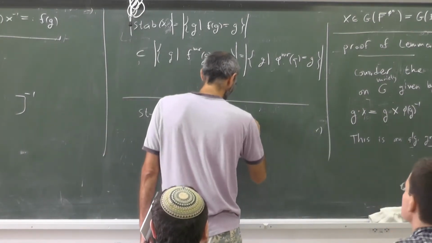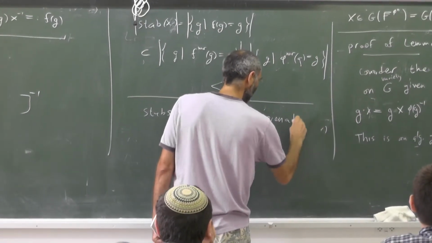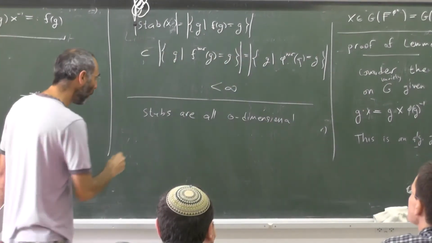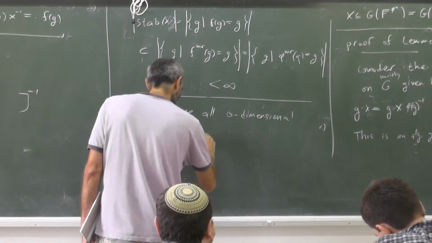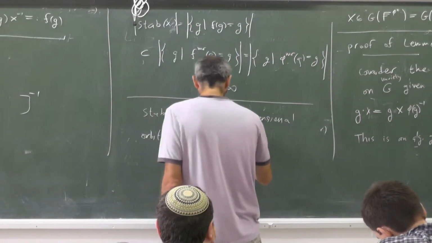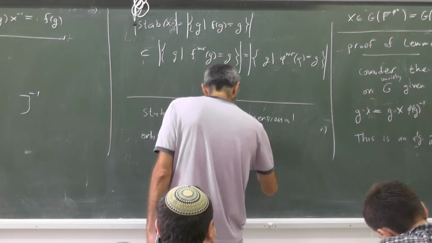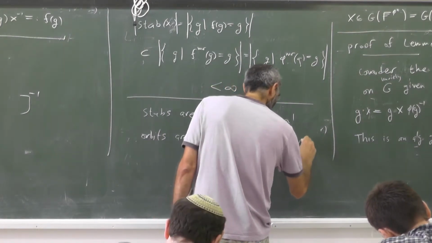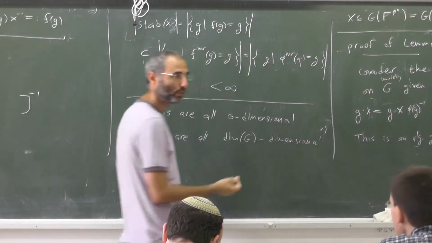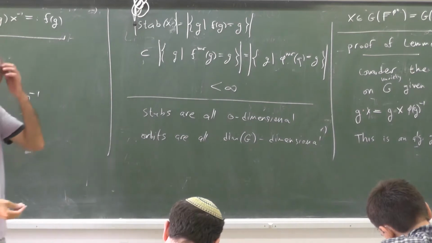They are all zero dimensional. So the orbits are of full dimension, dimension of G. Right, the dimension of the orbit is dimension of G minus dimension of the stabilizer.